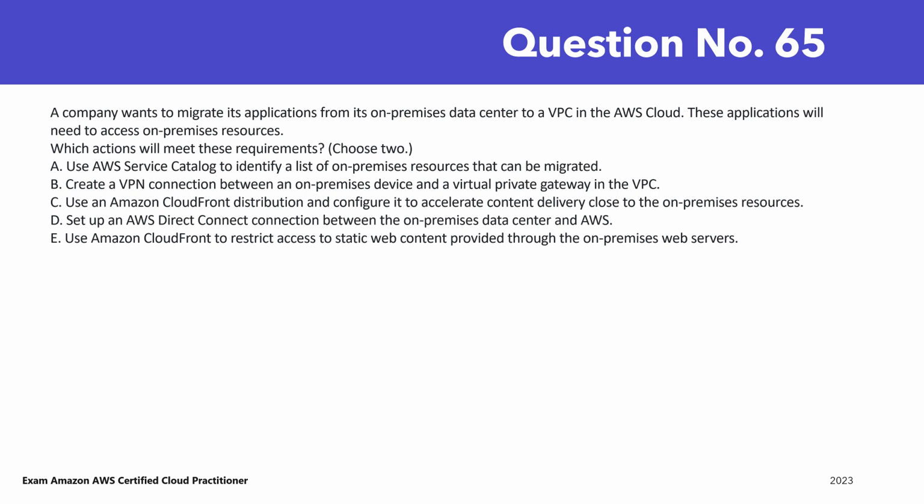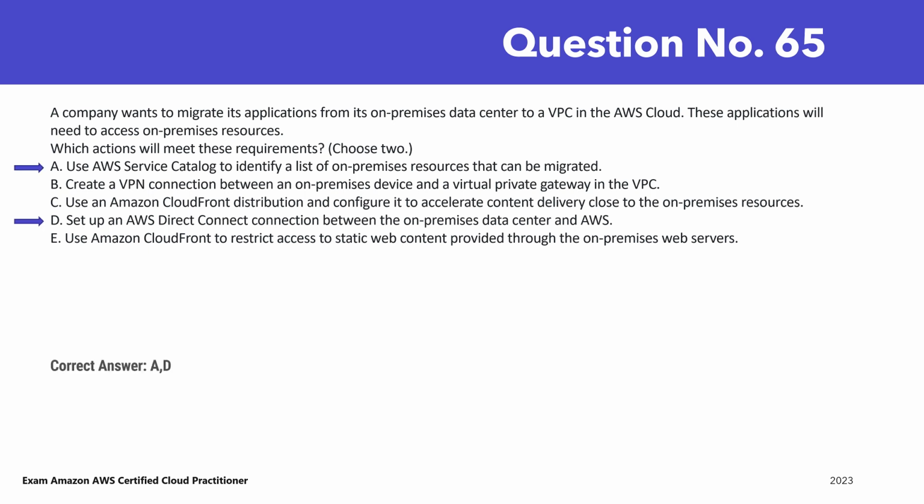C. Use an Amazon CloudFront distribution and configure it to accelerate content delivery close to the on-premises resources. D. Set up an AWS Direct Connect connection between the on-premises data center and AWS. E. Use Amazon CloudFront to restrict access to static web content provided through the on-premises web servers. Correct answers, A and D.